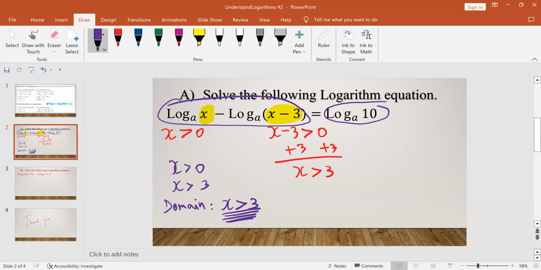For the right-hand side, there's no problem. So we're going to rewrite the two logs in the left-hand side as one single log before we apply that property.